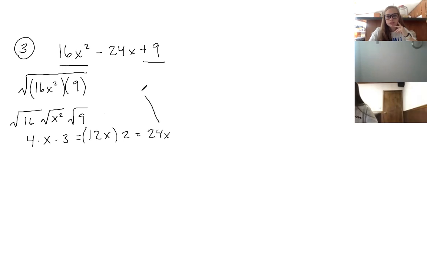If that product is my middle term, then this is a perfect square trinomial. And my answer will be, remember this is in the form a squared minus 2ab plus b squared, my answer will be in the form a minus b, squared. Ringing a bell? Yes. Okay.